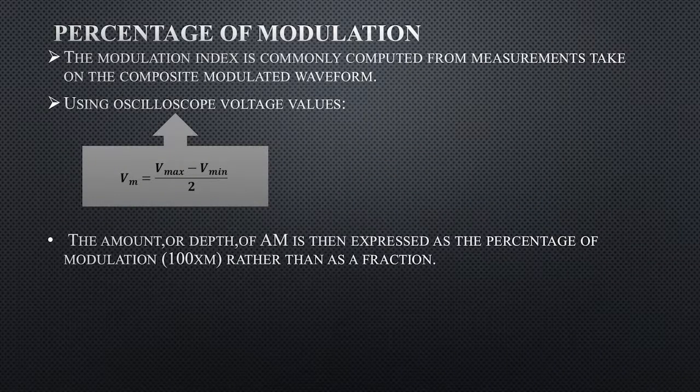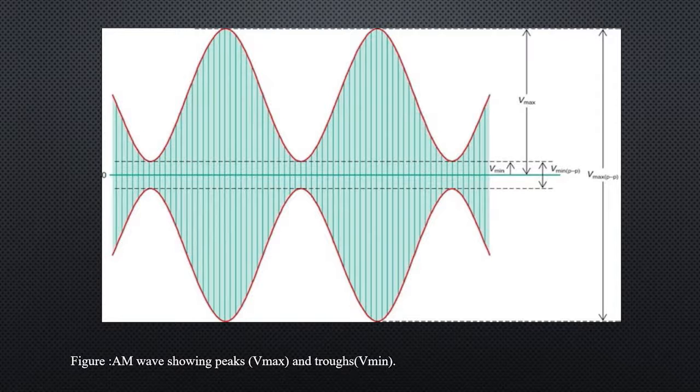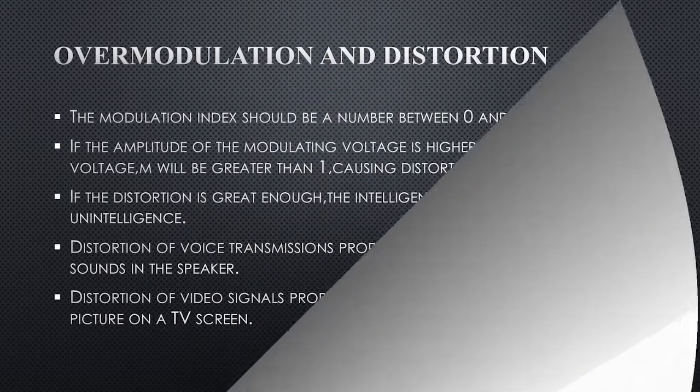The modulation index is commonly computed from measurements taken on the composite modulated waveform. The Vm formula using oscilloscope voltage values is as shown. The amount or depth of amplitude modulation is then expressed as a percentage rather than a fraction. This shows the voltage maximum and the voltage minimum.